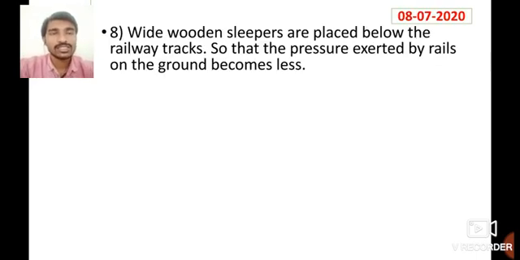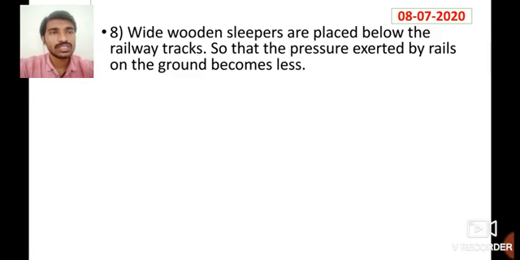You all have seen the railway tracks and a rail. So it is related to the rail. Wide wooden sleepers are placed below the railway tracks so that the pressure exerted by rails on the ground becomes less.